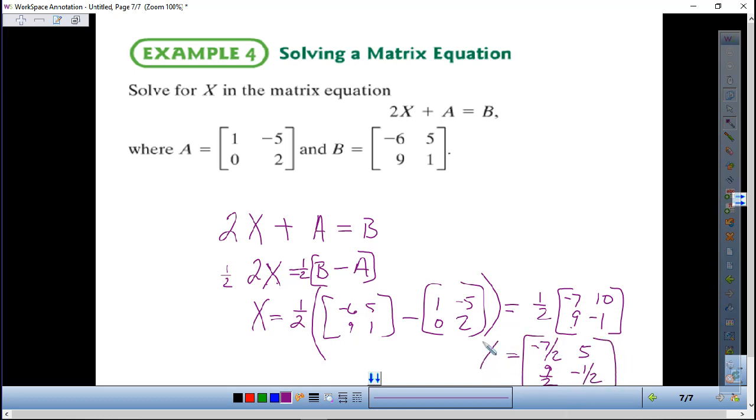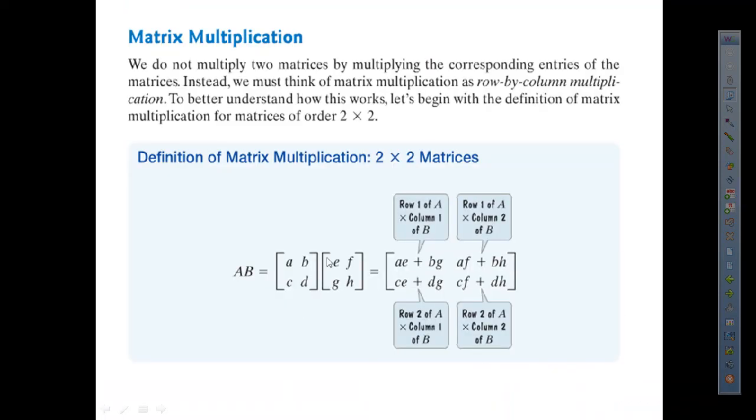Now, by far, the most difficult thing that most people run into is matrix multiplication. The reason why is because while addition, subtraction, and scalar multiplication have been very straightforward, matrix multiplication is not so much.